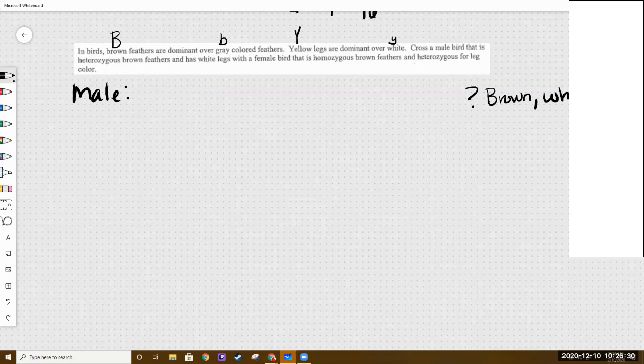If he is heterozygous for brown but has white legs, what is his genotype? Type it in the chat or unmute yourself, whatever you want. So he's heterozygous for brown, so big B, little b. And what about for the legs? He has white legs.